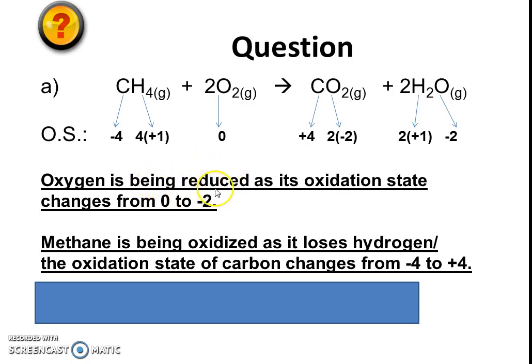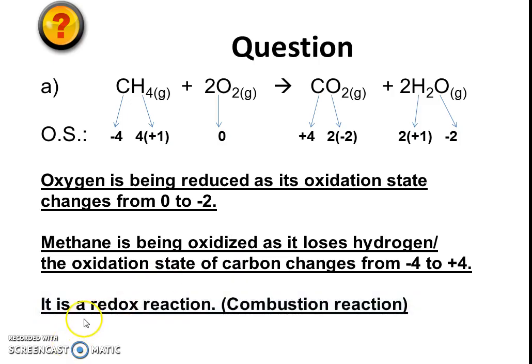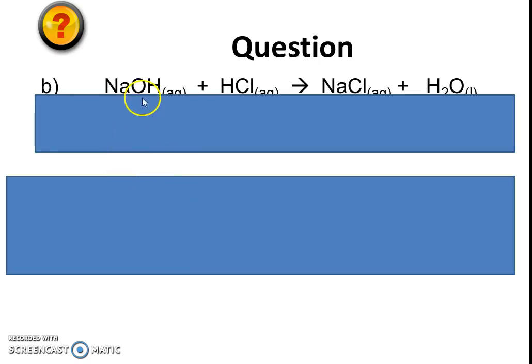There's a reduction taking place, there's an oxidation taking place. So this is a redox reaction, and this is what we call a combustion reaction. Next, we have the next equation. Sodium hydroxide reacting with hydrochloric acid, forming your sodium chloride and water.